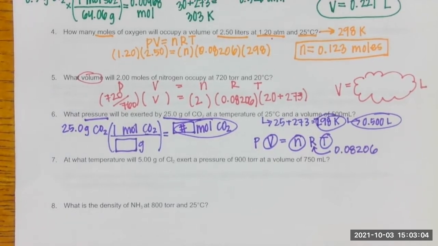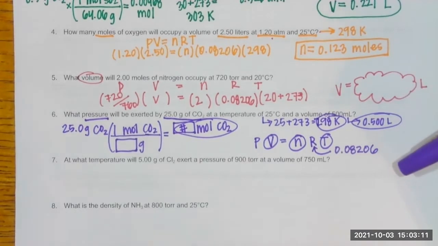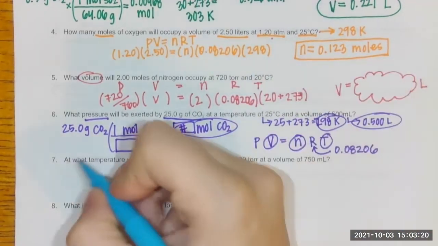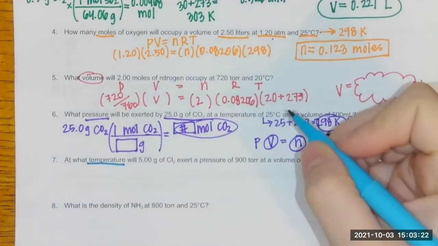At what temperature will 5 grams of chlorine gas exert a pressure of 900 torr and a volume of 750 milliliters? PV equals nRT. I'm solving for the temperature.